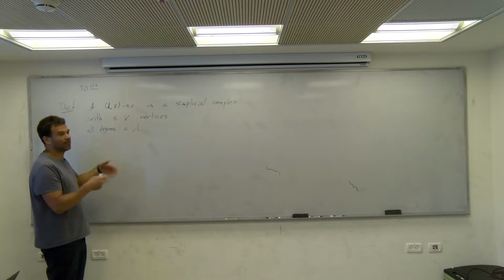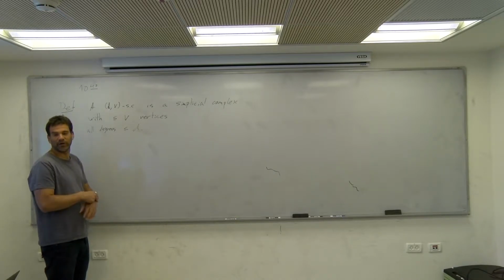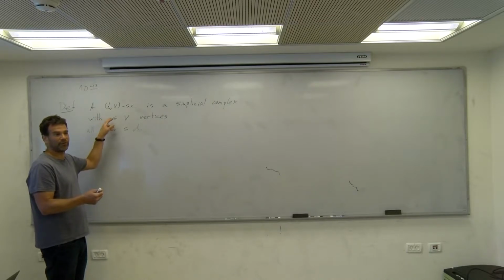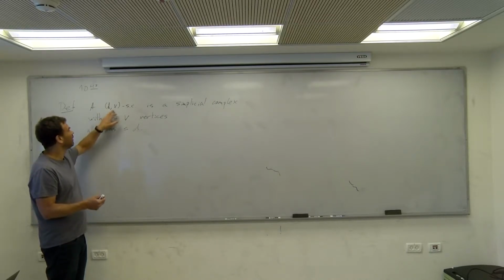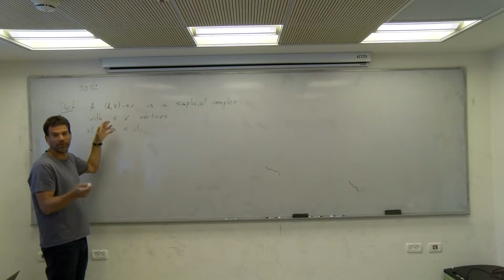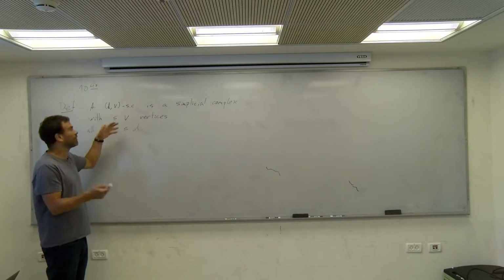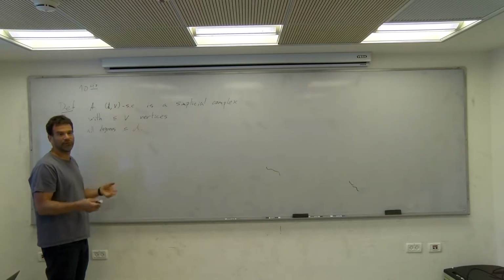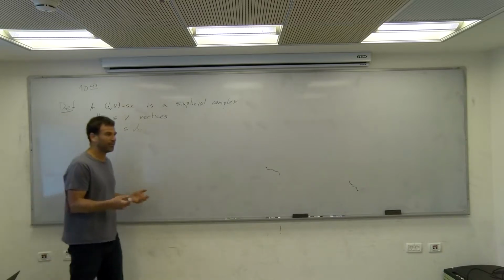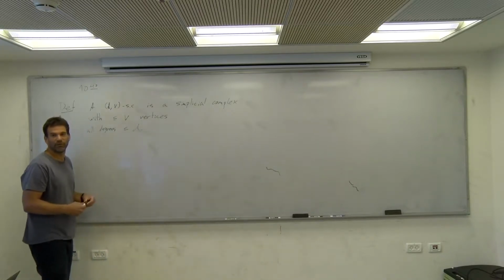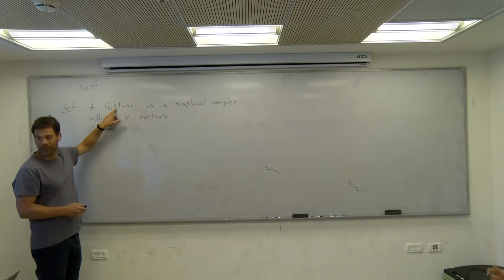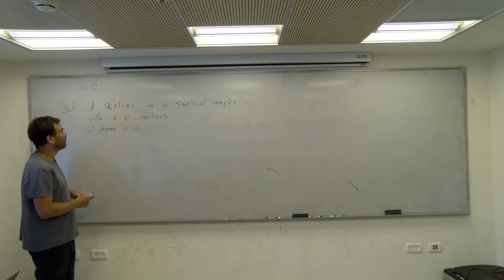So V times D choose 2 divided by 6 is a bound on the number of two simplexes, and again it is linear in V. There is some constant, maybe large, depending on D, but it's linear in V. And then you can bound the number of three simplexes and so on. So all the combinatorics is bounded linearly by V. And this is the parameter that will be large.